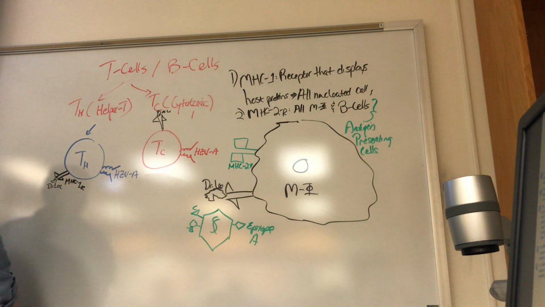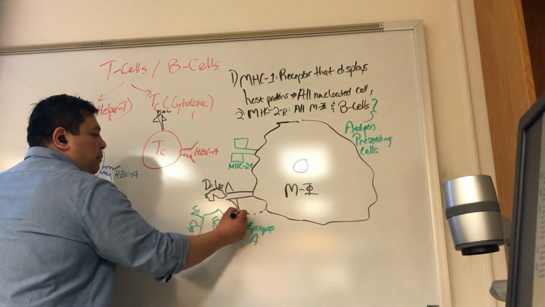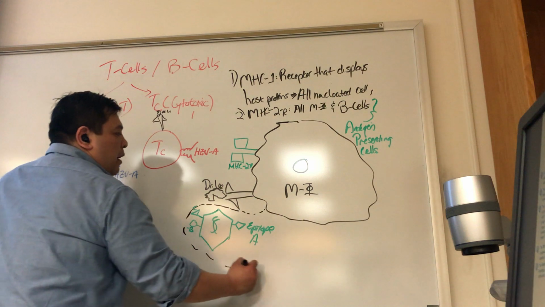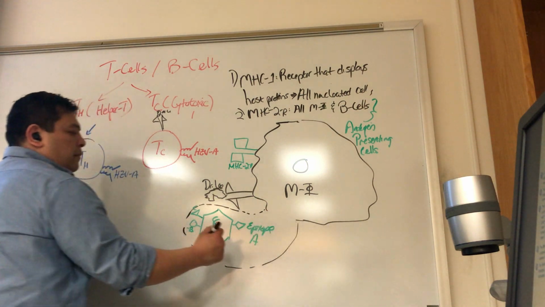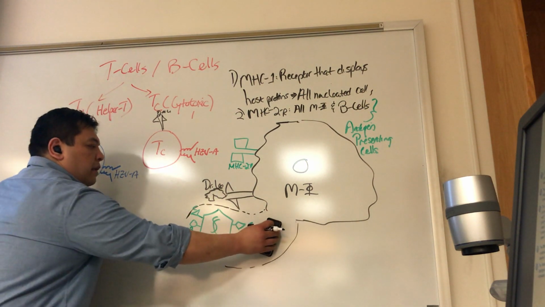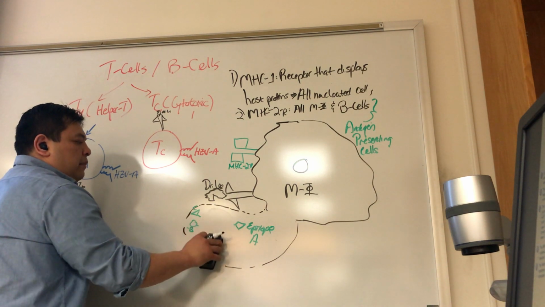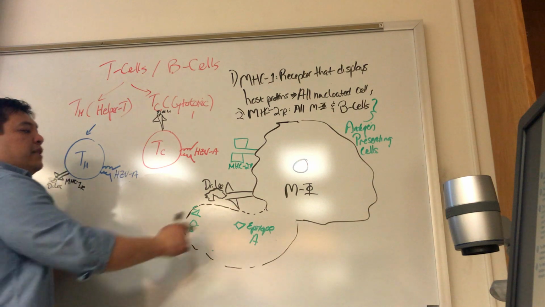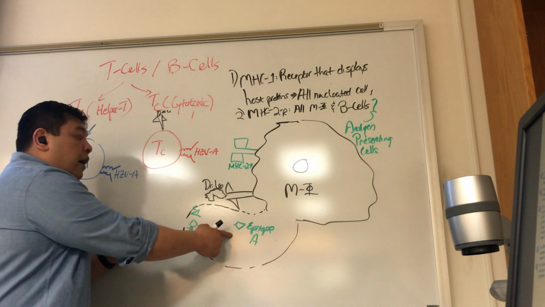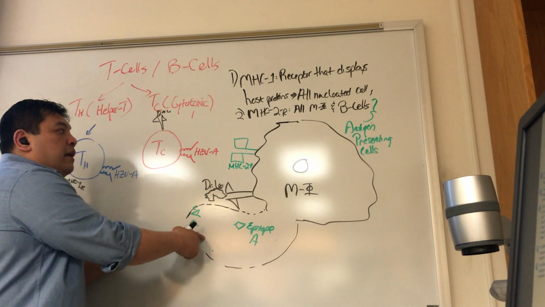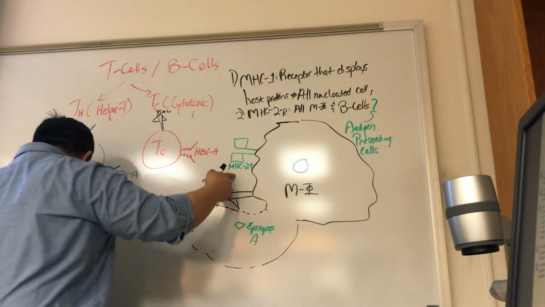What happens? The macrophage swallows it up. As it swallows it up, it kills, right? It kills the virus. As it destroys the virus, it's going to start putting all these different epitopes on different MHC2 molecules.